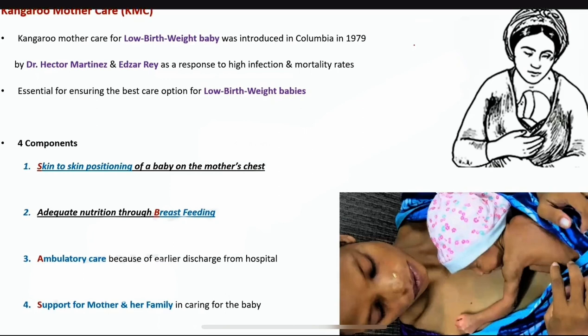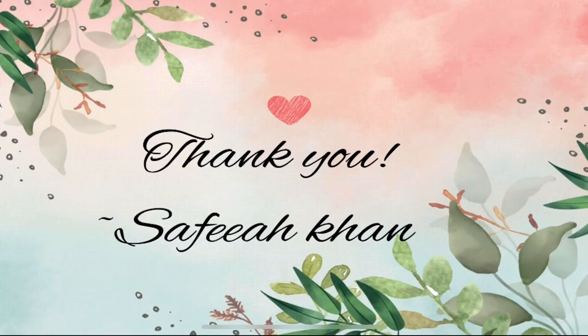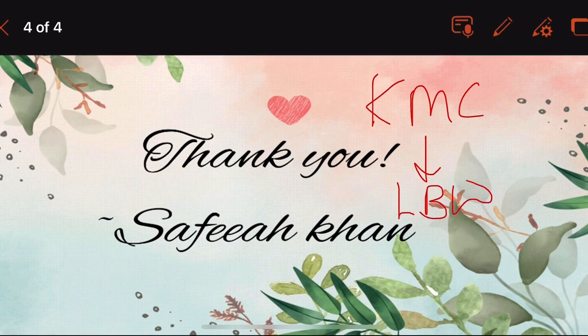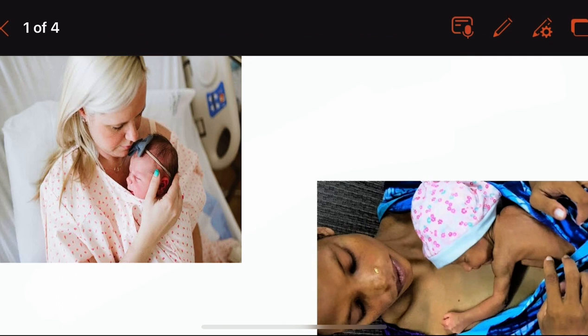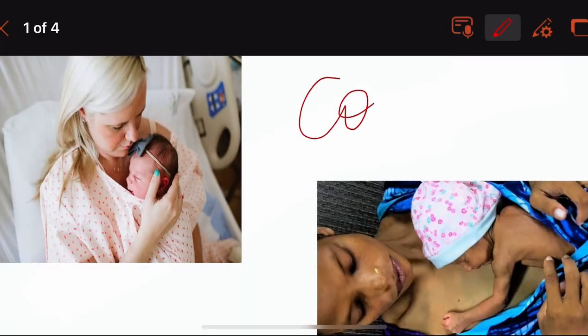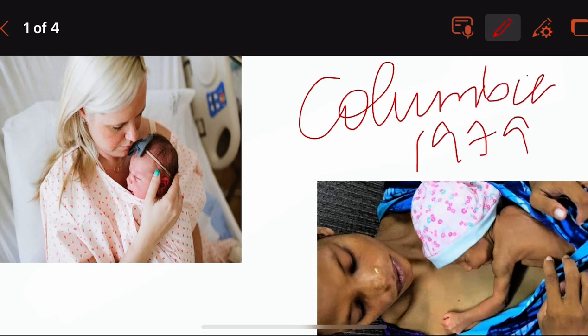Let us revise again, or in total let us summarize. Kangaroo mother care was especially given for low birth weight babies who are weighing less than 2.5 kgs, and it was started in Colombia in the year 1979.